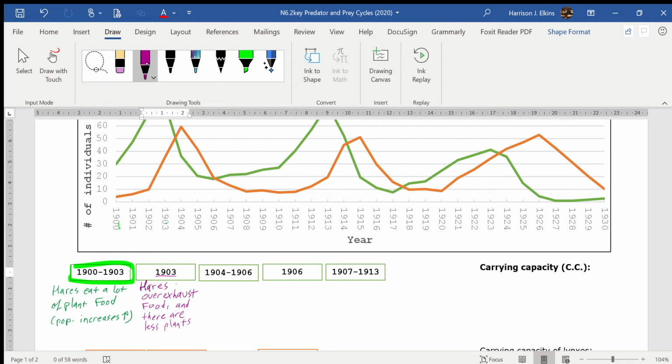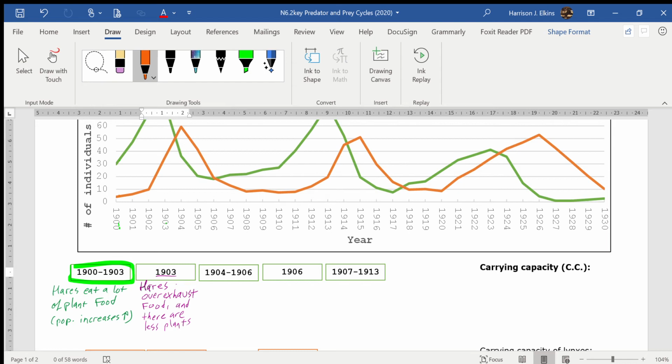And what we see happening here is that they start decreasing. Why do they start decreasing? Well, as the hares don't have enough food, they aren't going to breed that much. They aren't going to mate. They aren't going to have as many babies because maybe they'll look for other food resources, but there might be some competition, and that's going to impede the population's ability to grow.